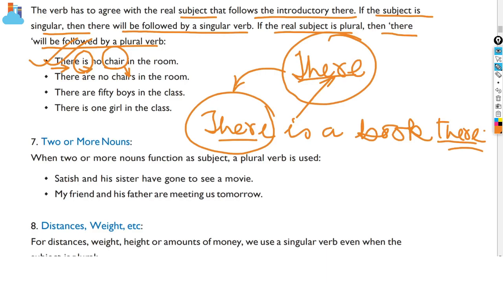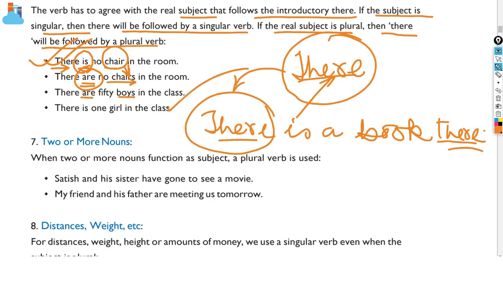That will depend on the chair, whether this chair is singular or plural. There are no chairs in the room. So this chairs is plural. Therefore it is taking are as the verb. There are 50 boys in the class. There are 50 boys. Are 50 boys.